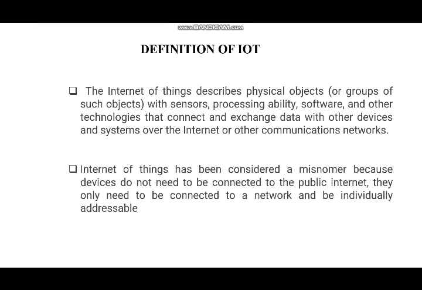So the definition of IoT. I already described that the Internet of Things describes physical objects. For example, a sensor can receive input from the physical area, like measuring temperature, humidity level, distance between objects like with ultrasonic, or the water level.